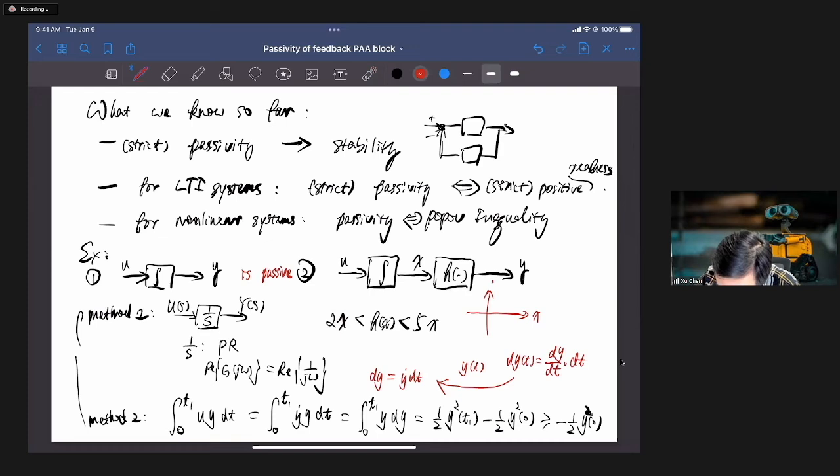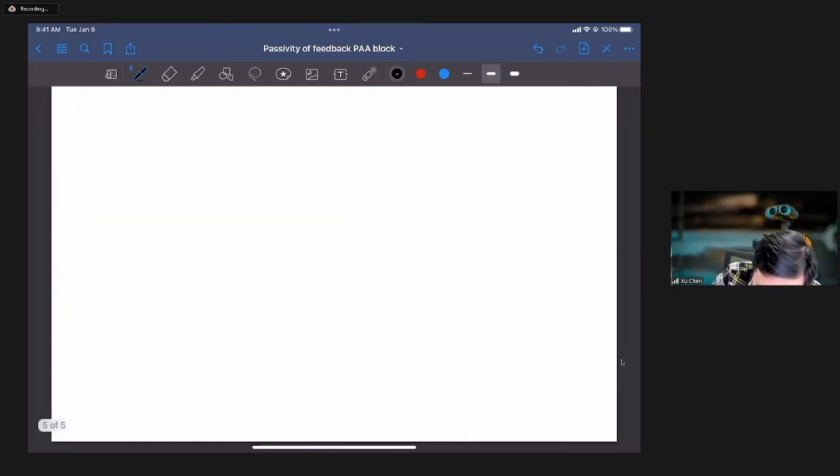If this is x, this is h of x, then h of x is going to be guaranteed to lie in this sector, with the two lines, this is 2x, and then the other line is 5x. This is called the sector nonlinearity. And you can see that this sector nonlinearity is passive. I will draw it over here.